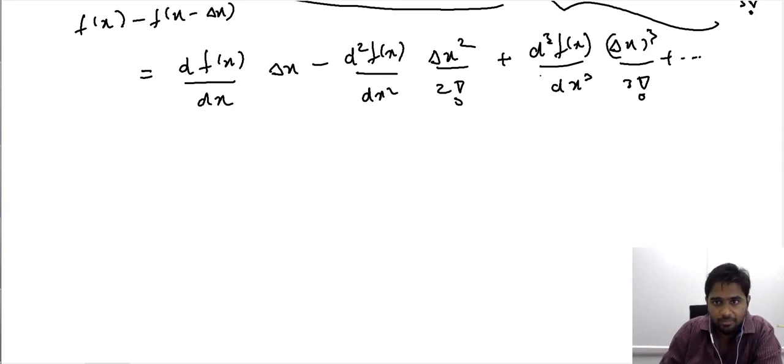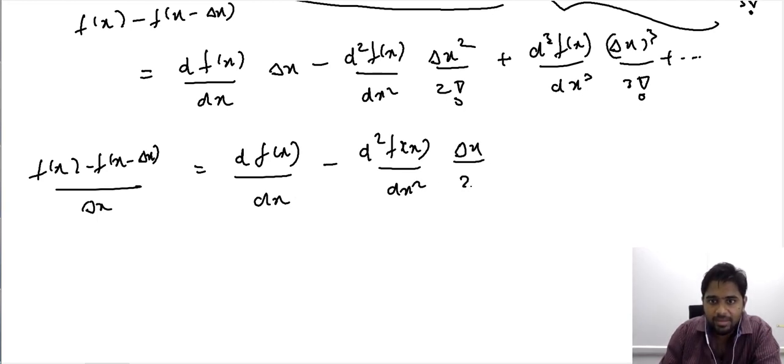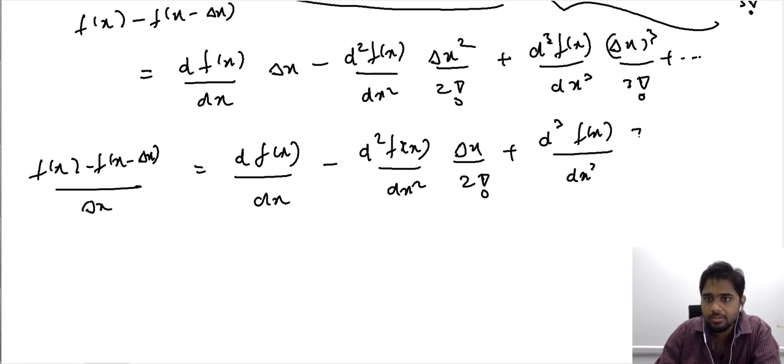So when we do that, we end up with the expression that is characteristic of the backward difference, and that will be this, minus the second derivative d square f by dx square delta x by 2 factorial, and the third derivative d cube f by dx cube, rather delta x square by 3 factorial, so on and so forth.